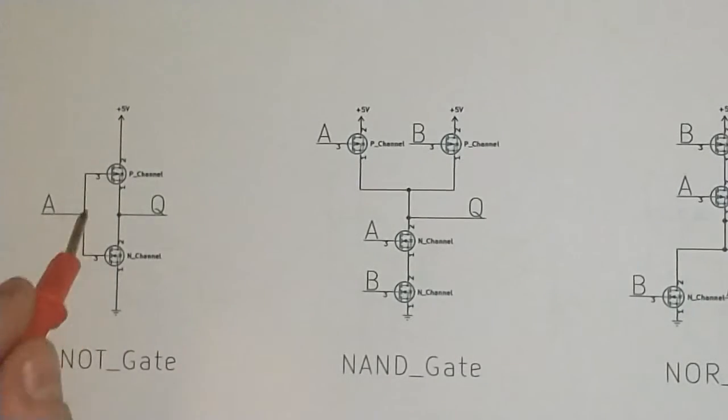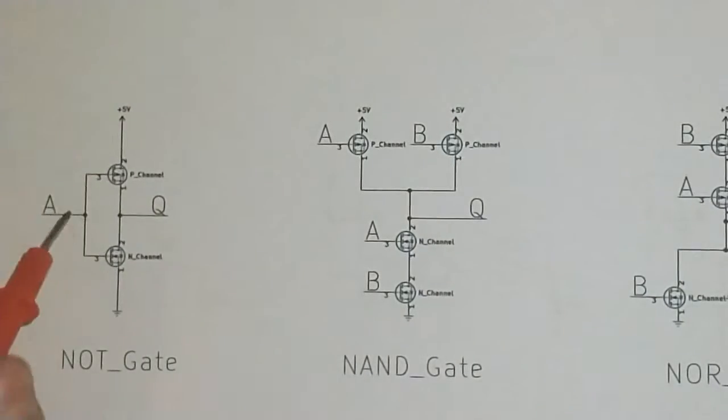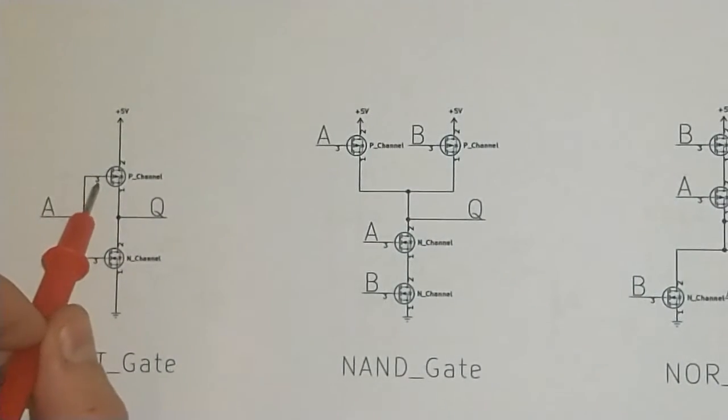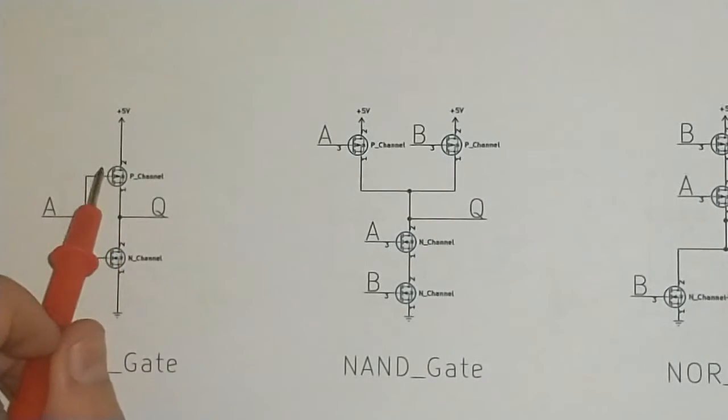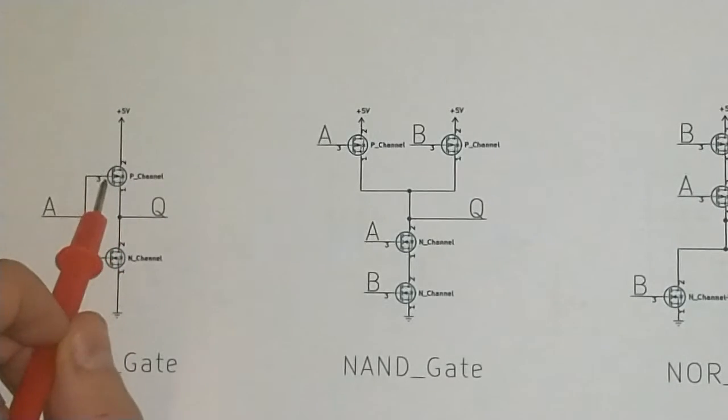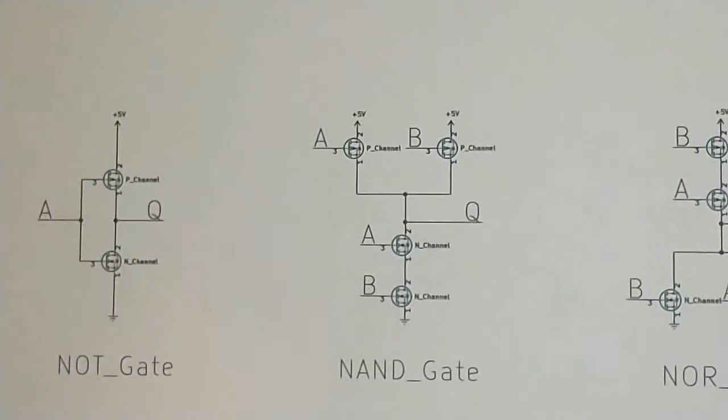And the P-channel MOSFET works in exactly the opposite way. So when pin number 3 is high, the transistor is an open circuit, and when pin 3 is low, that means the transistor is a short circuit.